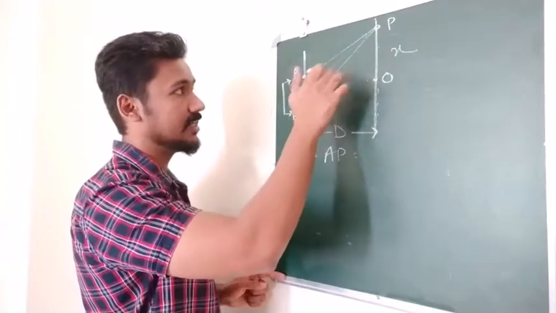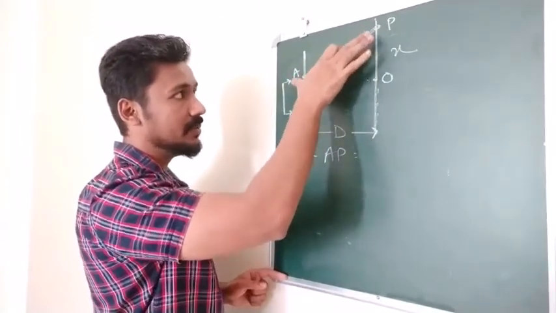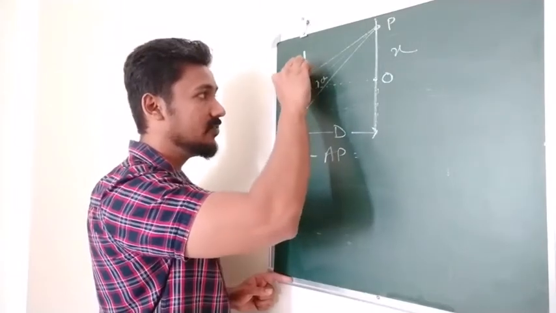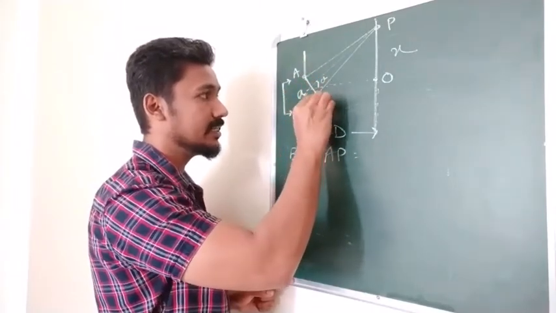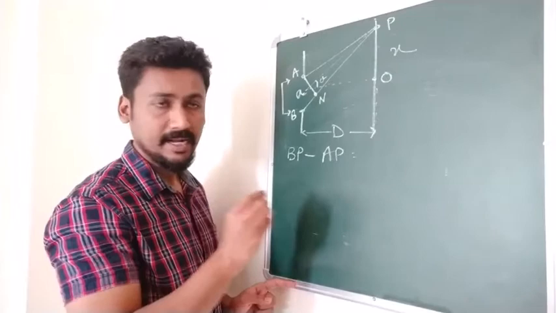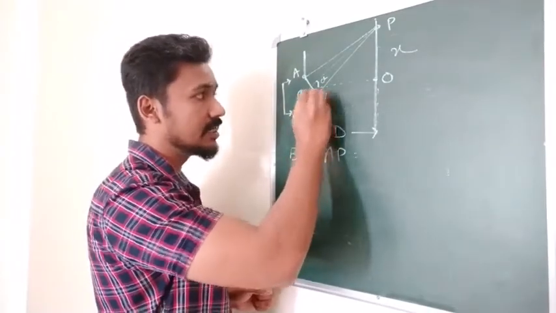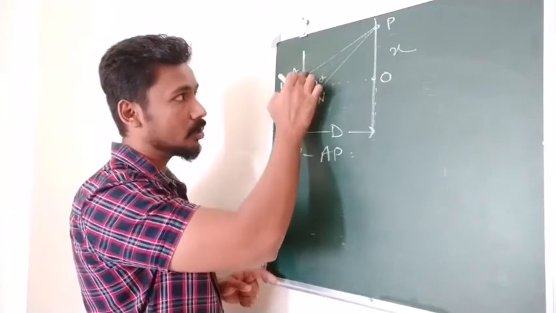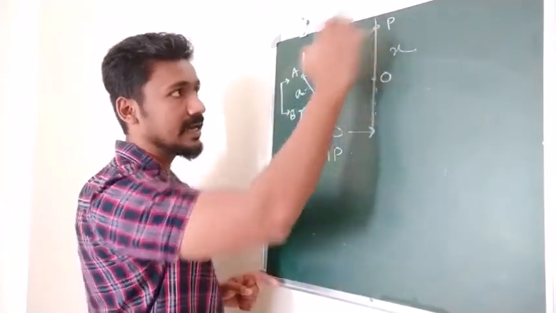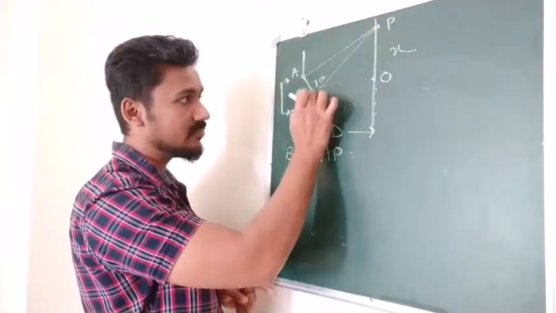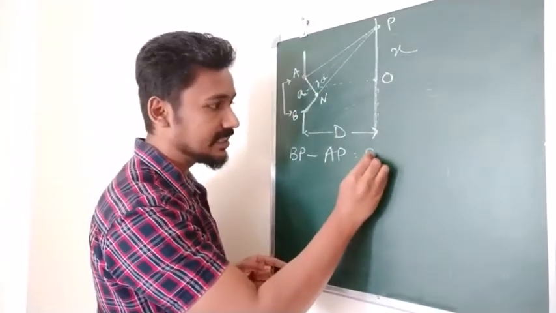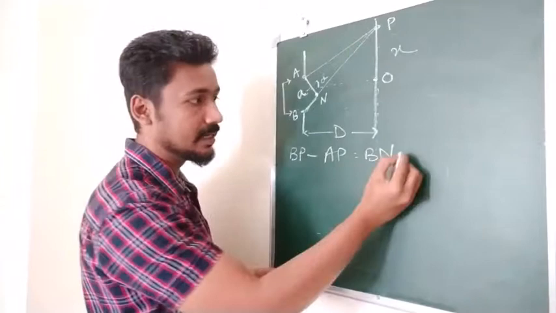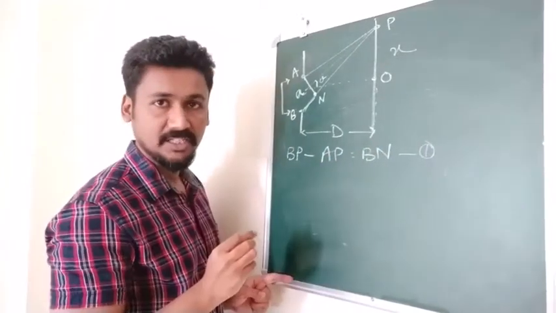So AP I can subtract from BP, and I will get a point here, that is N. So this BN will actually be the path difference. If we draw a perpendicular from A on this ray BP, this length BN is nothing but the path difference between BP and AP. Let us call this our first equation.